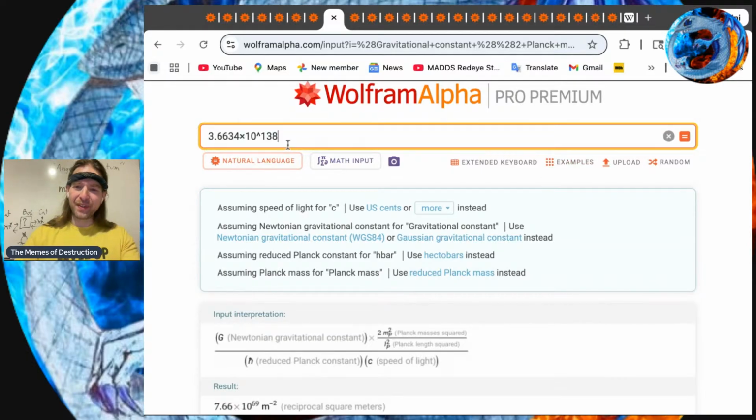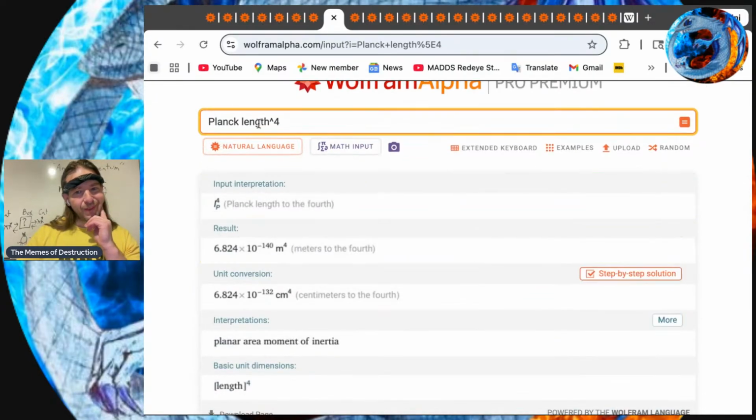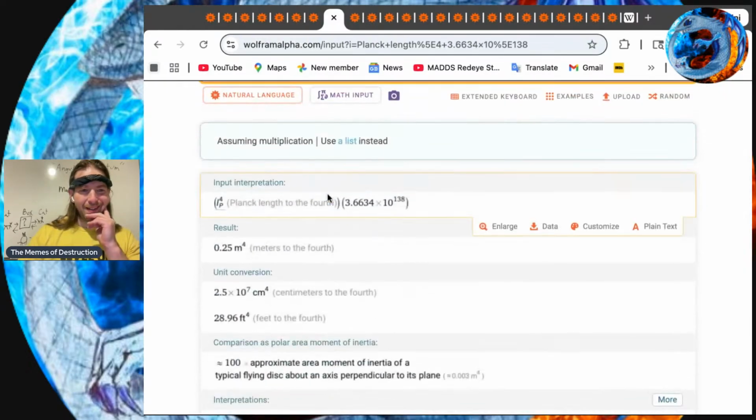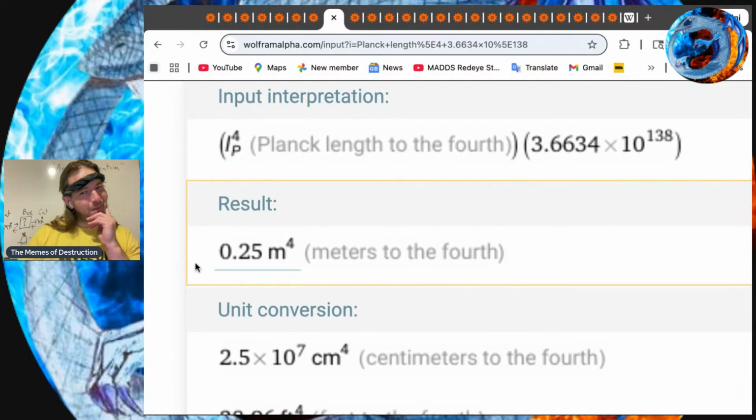All right. So, actually, before we do that, let's do Planck length. All right, so the fourth. Okay. So let's take that. Let's multiply that number. Oh. 0.25.